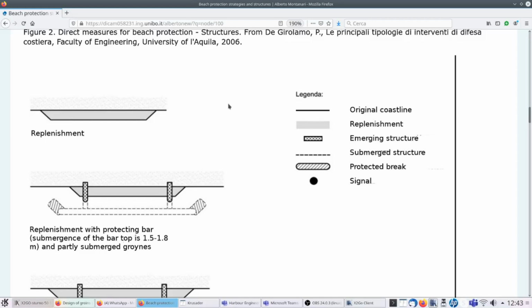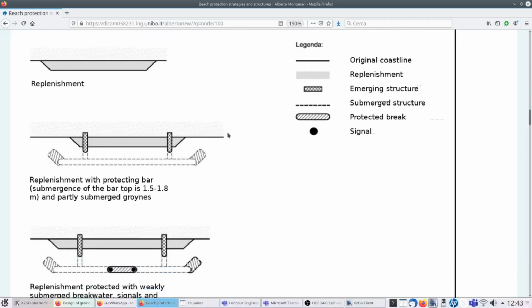On the other hand, of course, if you protect the replenishment, the effectiveness of the intervention is increased. You can protect the replenishment by using groins or submerged breakwater, which are called here protecting bar.